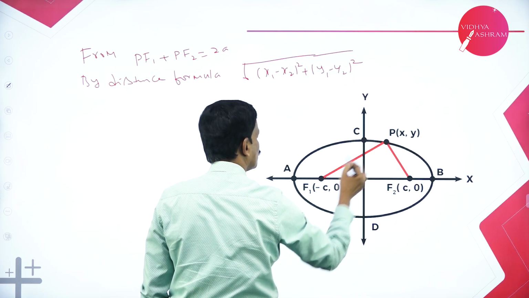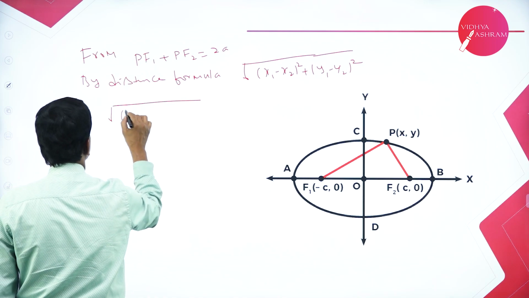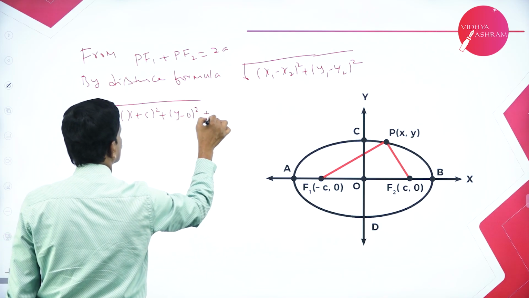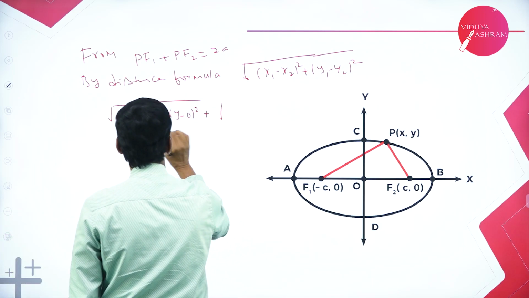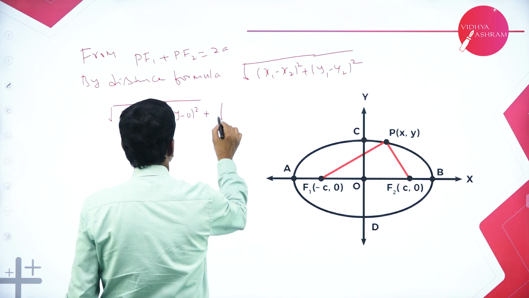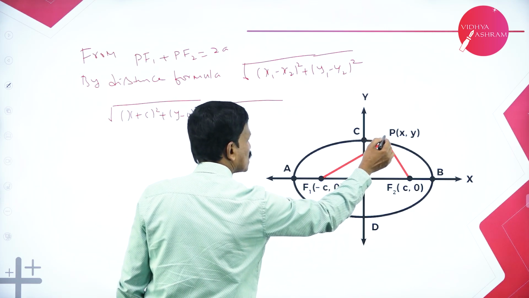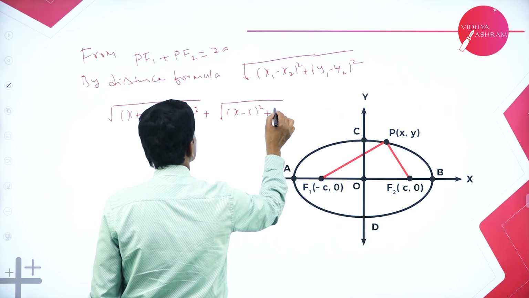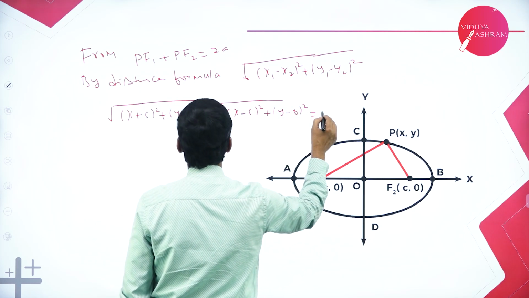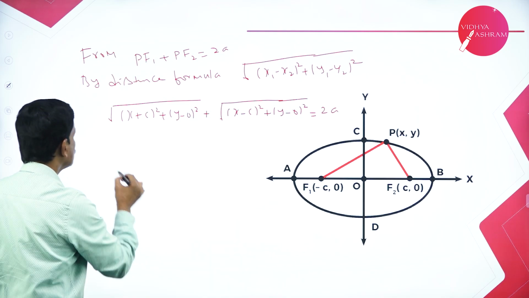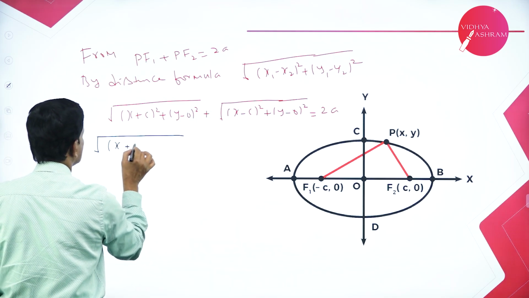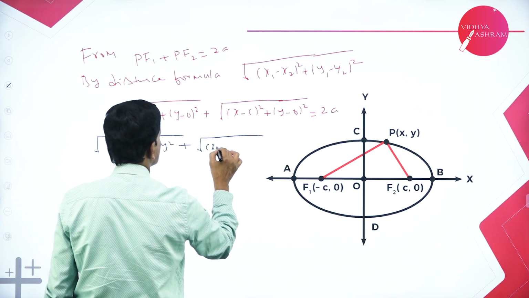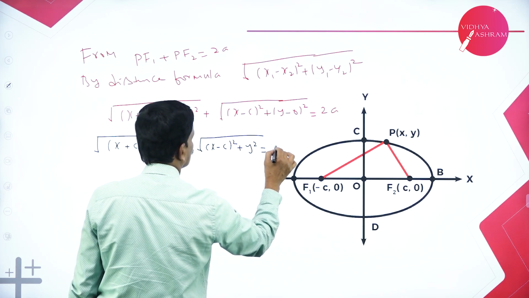PF1 can be written with x1, y1, x2, y2, so this is x minus of minus is plus, (x plus c) whole square plus (y minus 0) whole square, plus PF2, which is (x minus c) whole square plus (y minus 0) whole square, equal to 2a. So this becomes root of (x plus c) whole square plus y square plus root of (x minus c) whole square plus y square is equal to 2a.